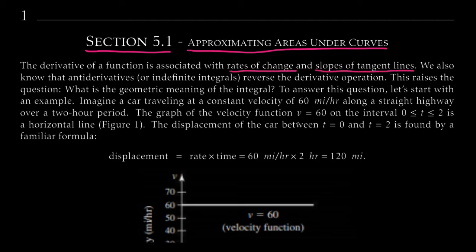This is telling us some sort of geometric information, something about the way that the function is broken down into smaller pieces, in some sense. We also know that antiderivatives, or indefinite integrals as we've started to call them, reverse the derivative operation. It undoes a derivative.